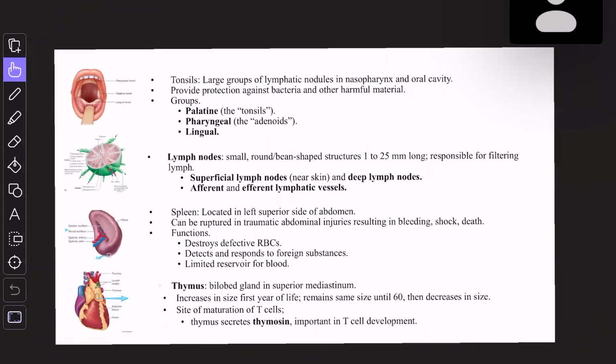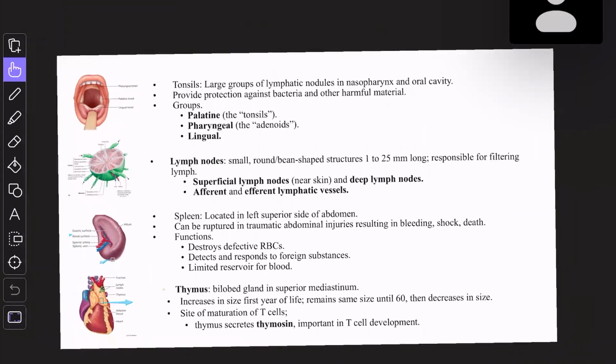Hopefully you guys took a look at the tonsils in lab. If you didn't, you should. Okay. You should know the palatine tonsils. You should know the adenoids, the pharyngeal tonsils, and then you should know that there are lingual tonsils. There are 3 different groups of those.